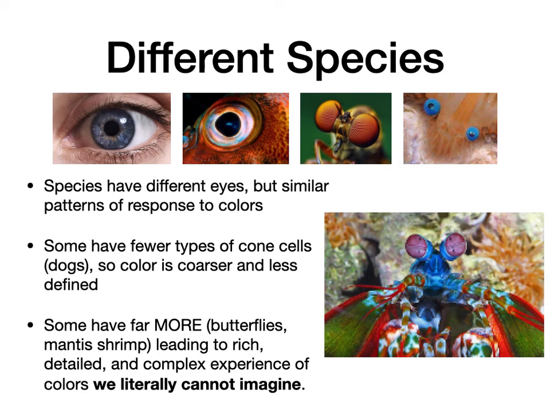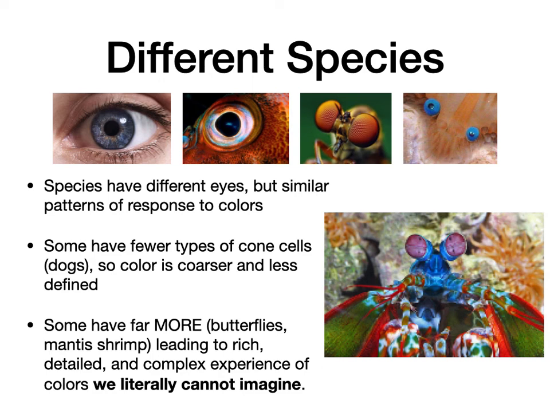Because if we think about our human eyes, they do this great job. They get 3 different colors. Very cool. Fine. We're not the only ones that can have special receptors, though. Whereas dogs might have fewer colors available to them, so the color is coarser and less defined, some animals have a bunch more colors available to them.